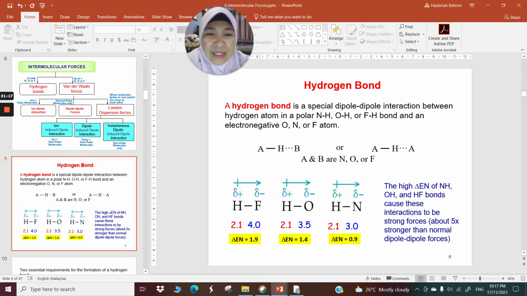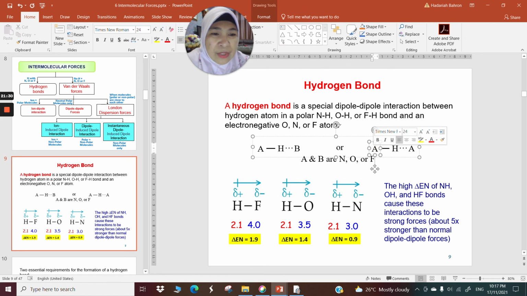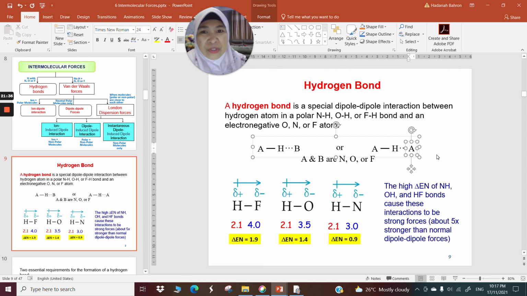So either A is bonded to H, and then there is a B, where A and B can be nitrogen, oxygen, or fluorine, or you can have A bonded to hydrogen, and then another A, either nitrogen, oxygen, or fluorine, from the neighboring molecule.